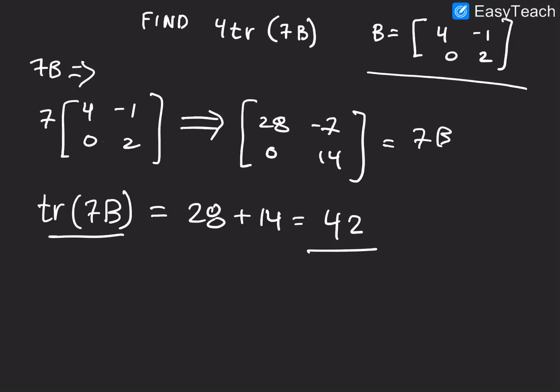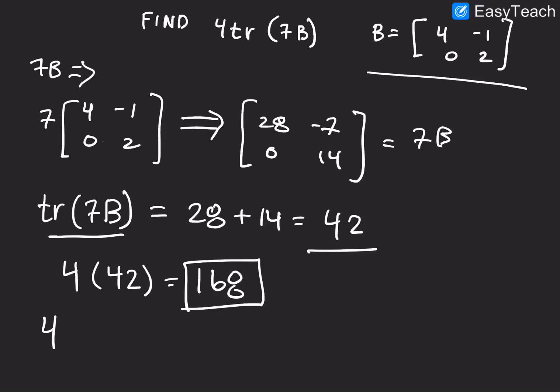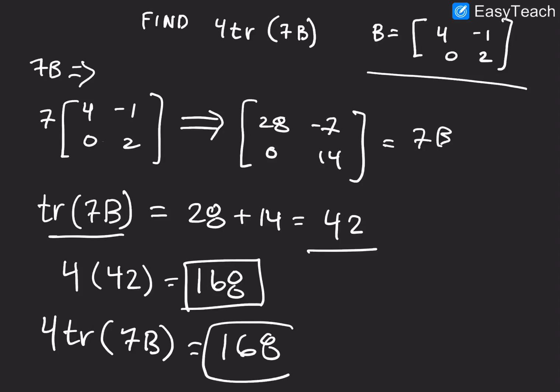And it's asking us to multiply 4 to the trace of 7B, which is just 4 times 42, which is 168. So the 4 times the trace of 7B is equal to 168. Ding!